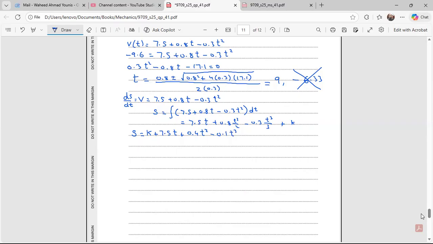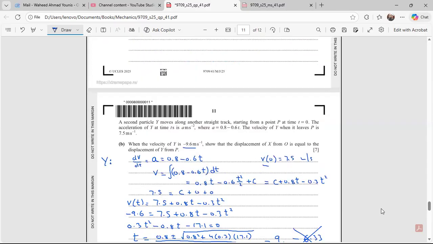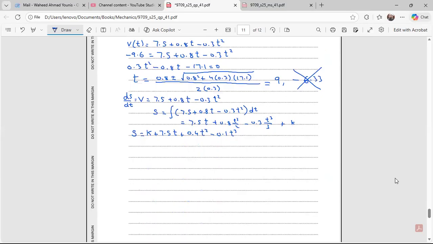Okay, but now we are given that displacement was 0 at time 0. Remember, we are told that at t equals 0 the particle y was at P, so the displacement was 0. So at time 0 everything is 0, so s at 0 is 0.